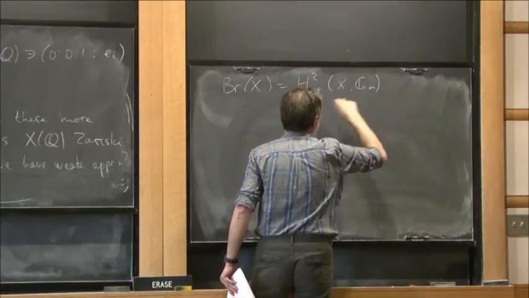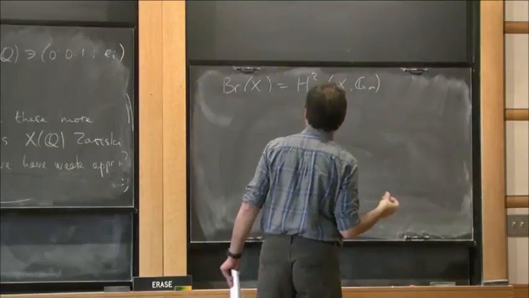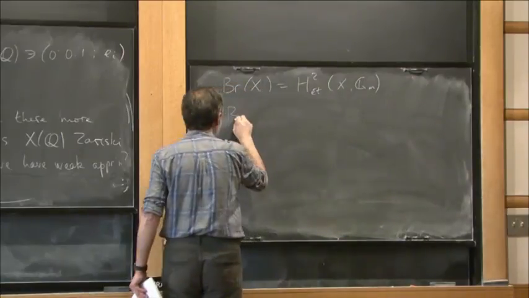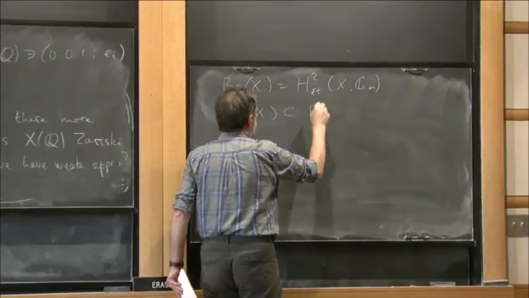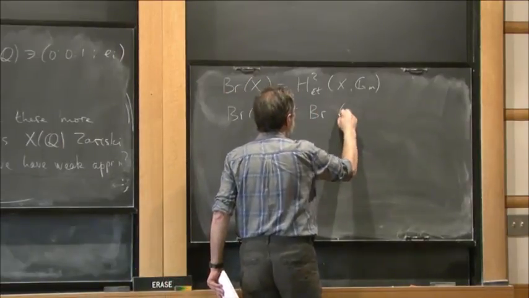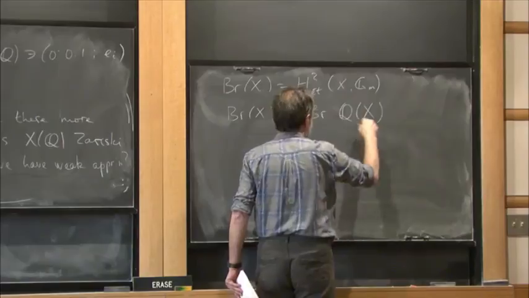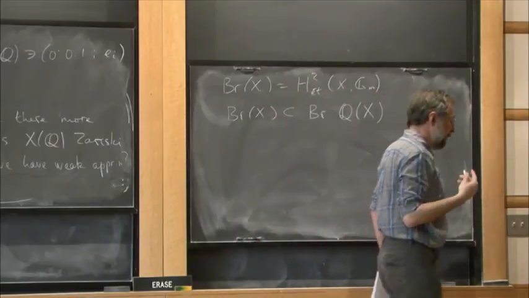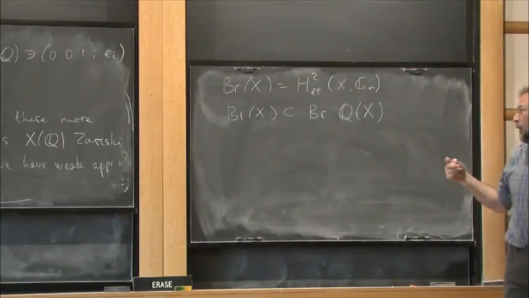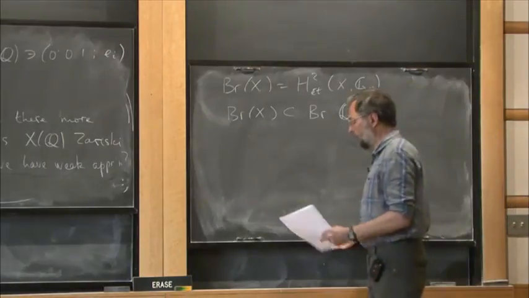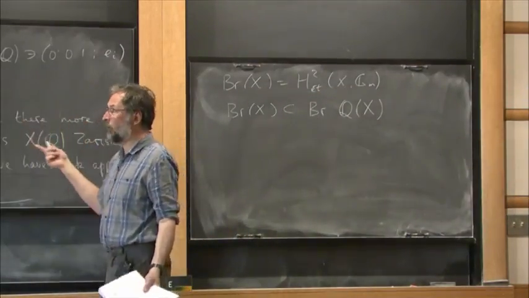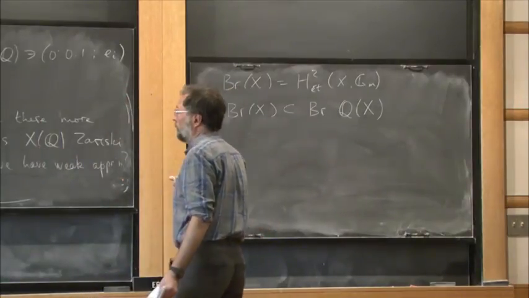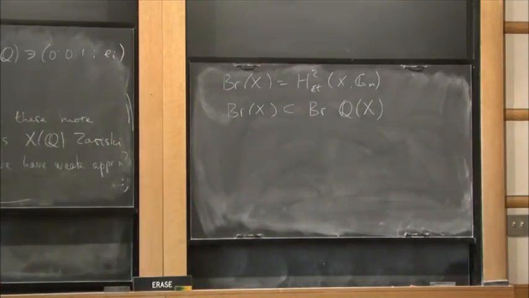But okay, I will not use this description. Grothendieck proved that this is naturally a subgroup of the Brauer group of the function field, characterized by the property that residues are trivial. Now, I will not go into this. I just want to work with explicit Brauer classes coming from these factors on the right-hand side.